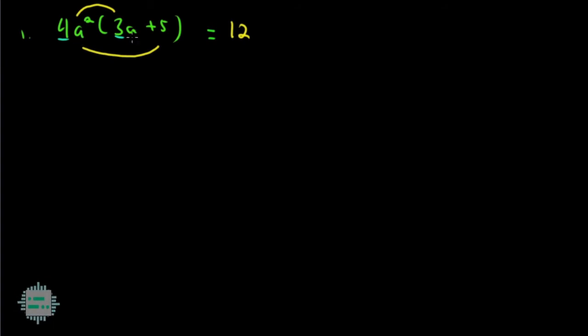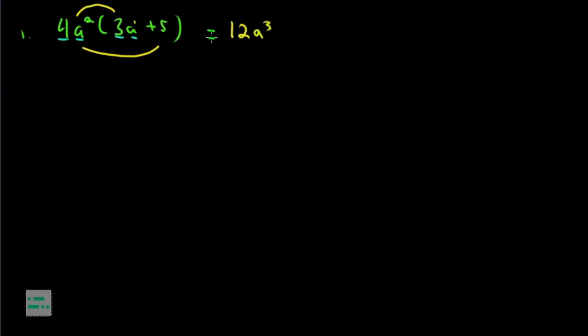Kapag parehas yung bases na minultiply natin, letter a yung base, parehas yan, all you need to do is to copy that, at yung exponents naman nila, i-add mo. That's how you multiply a squared by a. Copy a, then you add the exponents, 2 and 1. So the product of 4a squared and 3a is 12a cubed.